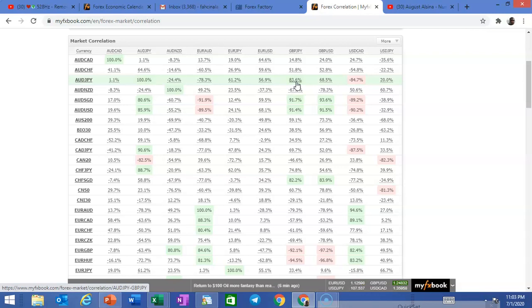I think the best thing to do is to look at pairs that are not in the news that have a strong correlation with GJ. So looking at AUDJPY, Aussie Singapore dollar, I wouldn't look at this one because it has USD in it. EUR, yeah. So, all right.